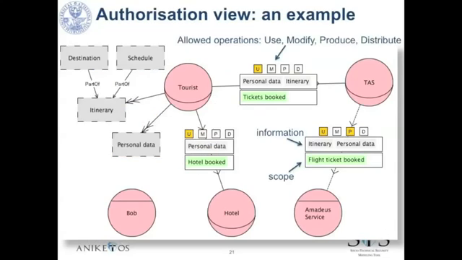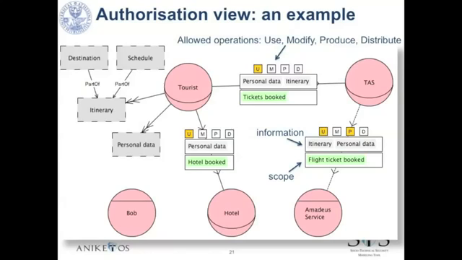Okay. So here I represent the authorization view for our given example, in which we keep track of the information inherited by the information view, because since authorizations are passed from the information owner, we keep track of this information. So tourist is the owner of his itinerary and personal data.